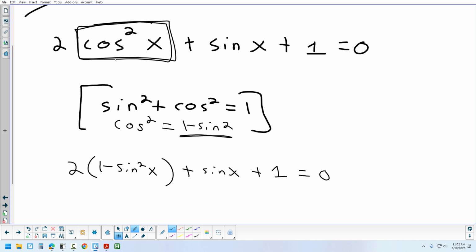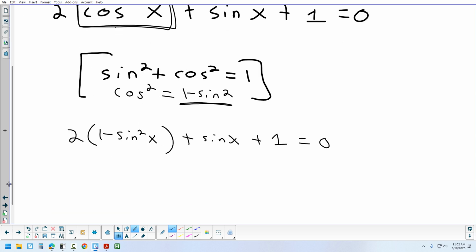I substituted 1 minus sine squared in for cosine squared, using the Pythagorean identity from section 7.4.